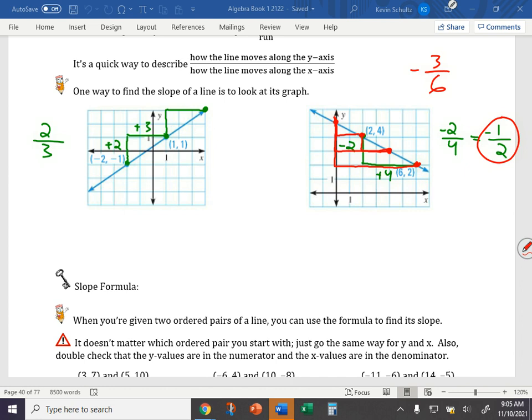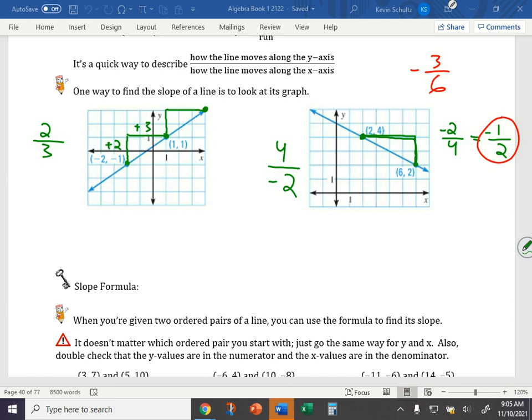Beckman asked a question. With this little triangle that we make here, would it be okay to make it above the line like that? The danger with that is that if you do this, you say, okay, I'm going over 4 and down 2. Is over 4 down 2 the slope?